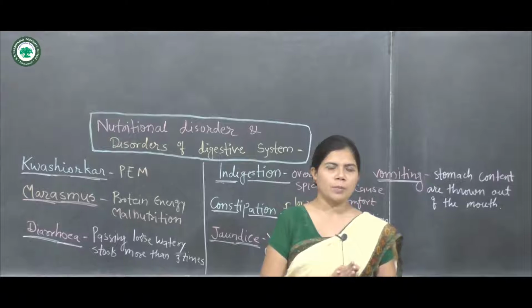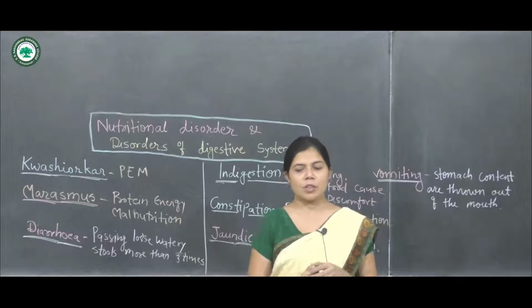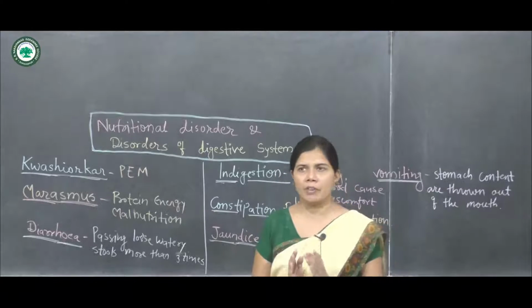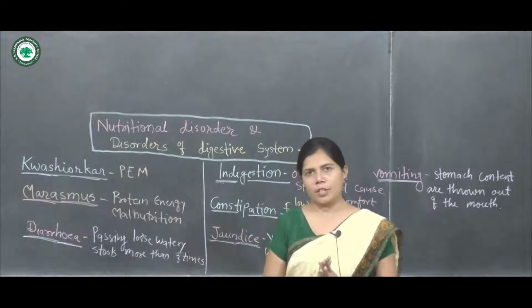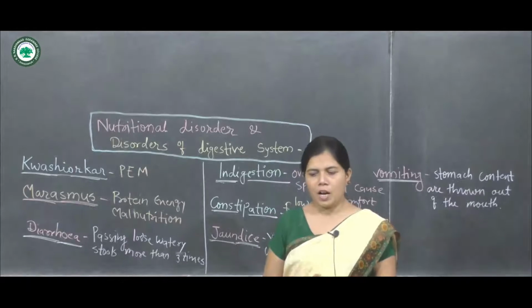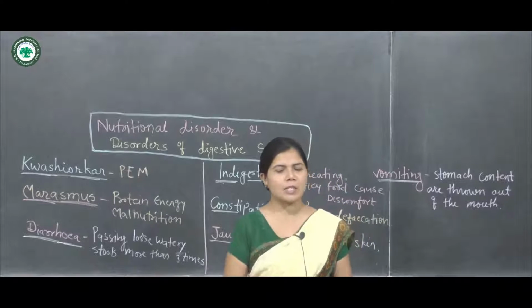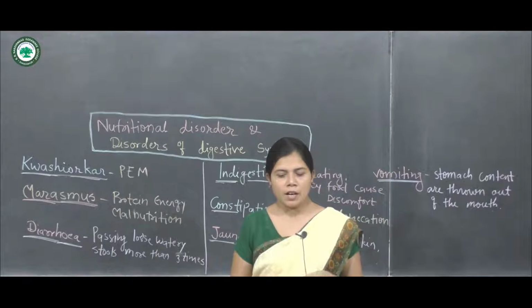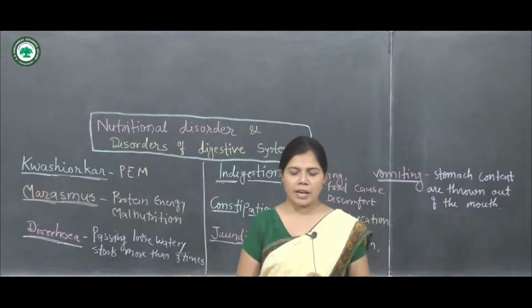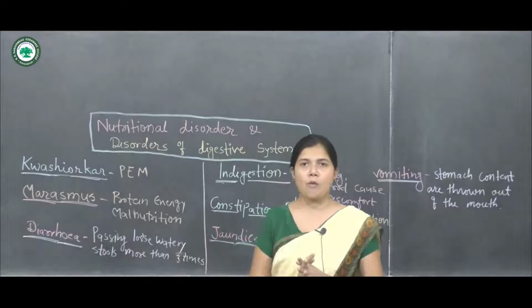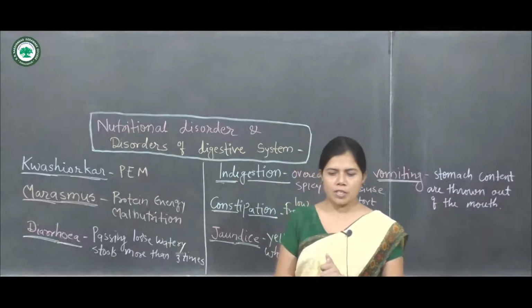The major cause of marasmus is unavailability of nutritious food. Again, poverty, large family size, ill spacing of children, early termination of breastfeeding and over-diluted milk are a few causes.